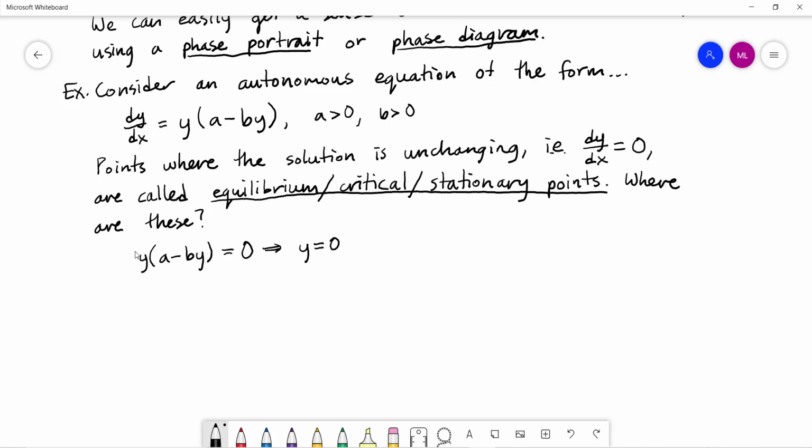We can expect two solutions out of this, because if you were to distribute the y through, you'd get a y squared. We'd get a quadratic. And how many zeros or roots do quadratics have? In general, they have 2. So the first one is y equals 0. And then the second one would be where everything in the parentheses is 0, meaning a minus by equals 0.